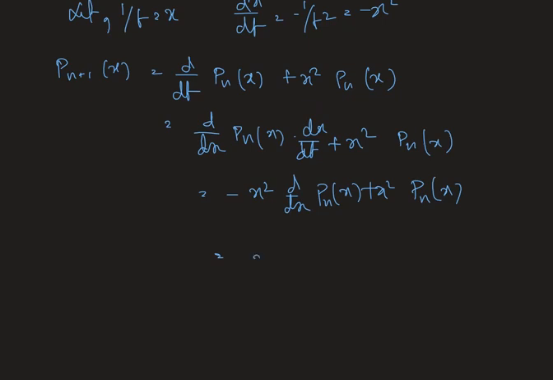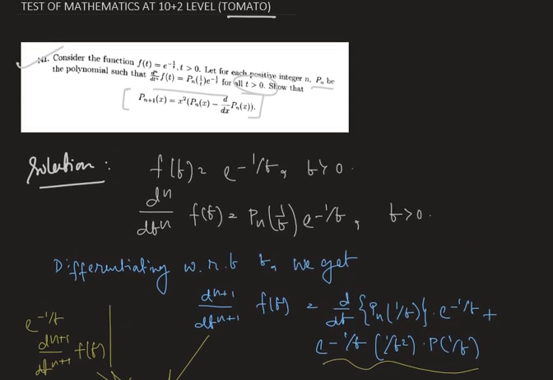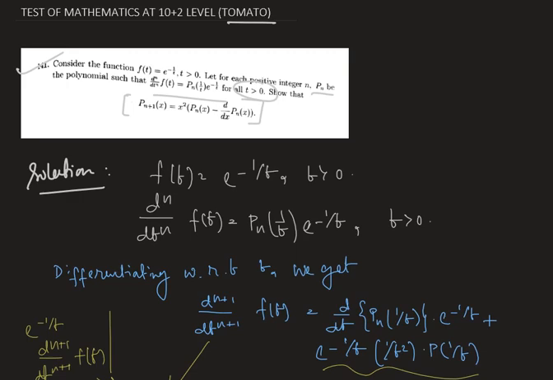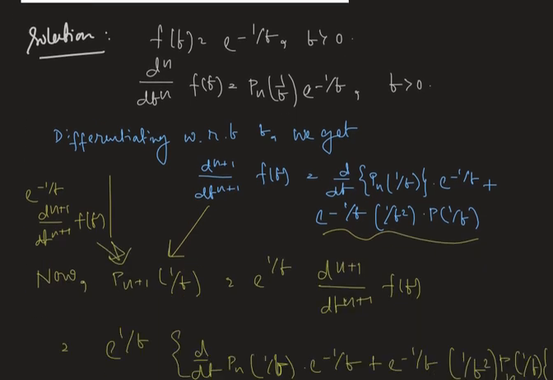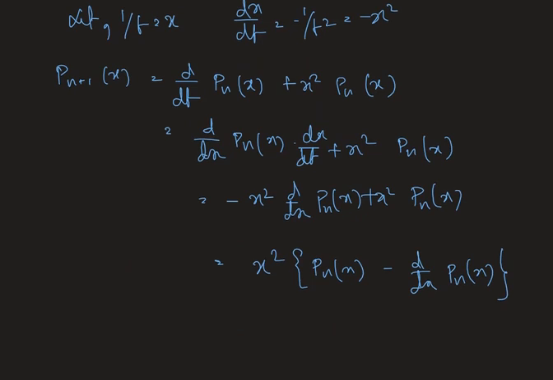Now if we take x square as common, we get Pn(x) minus d/dx Pn(x). So this is the proof of the given statement. We have proved that P(n+1)(x) equals x square, in the curly braces Pn(x) minus d/dx Pn(x).